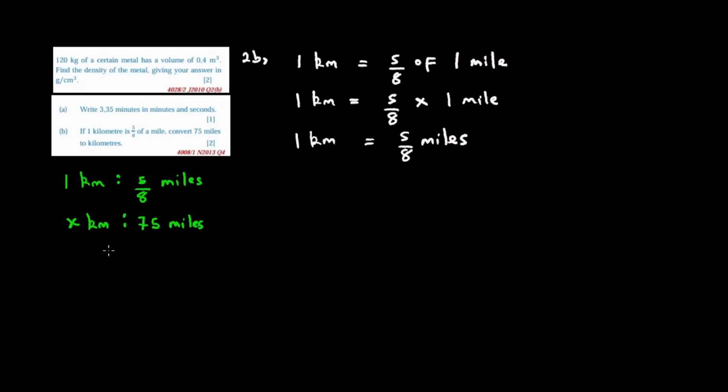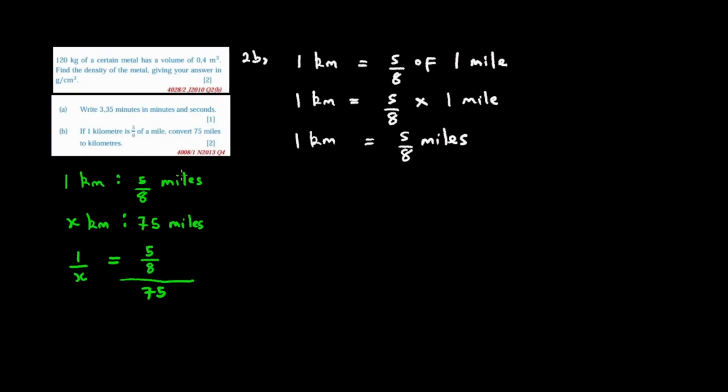Then from here, what do we do? We know that we are going to make an equation out of everything. Kilometers on one side: 1 over x, then the equal sign, then on the other side, look carefully, 5/8 over 75. I know these fractions look scary, but we actually want to solve that.